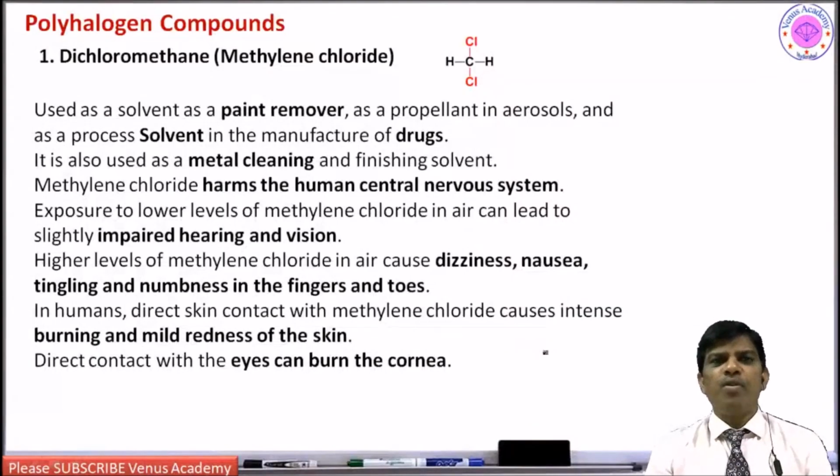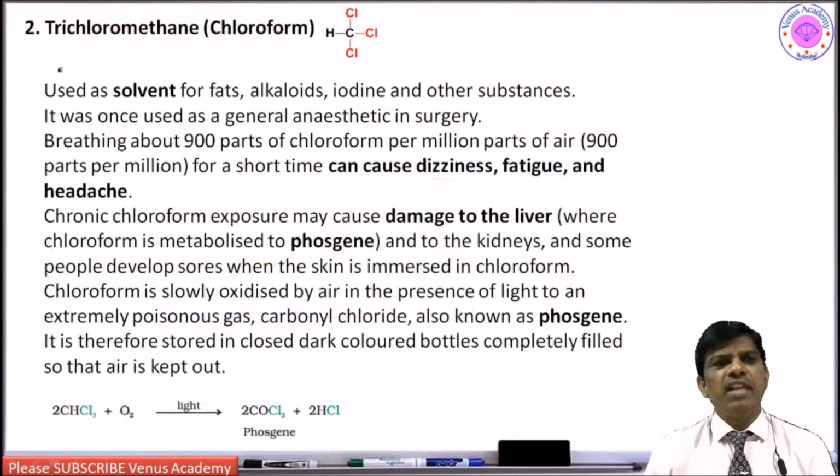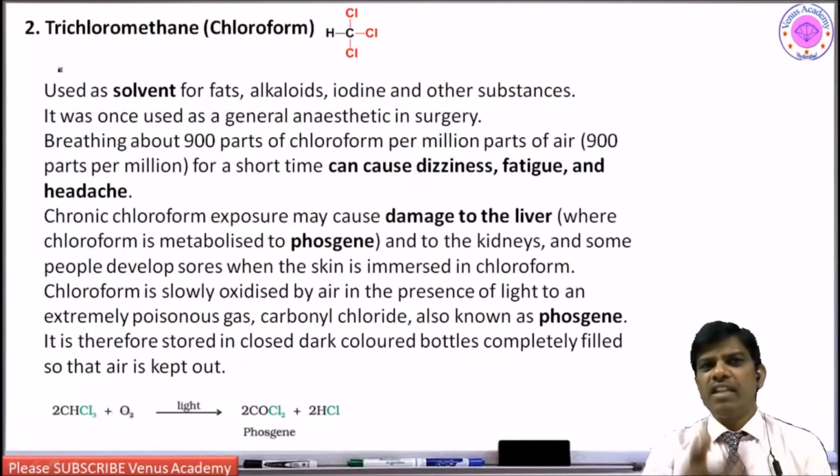Halogen containing compounds: the common compound in the laboratory you will come across is dichloromethane. Dichloromethane is used as a solvent in organic chemistry. Chloroform was also previously used abundantly as a solvent, but now it is banned and rarely used.